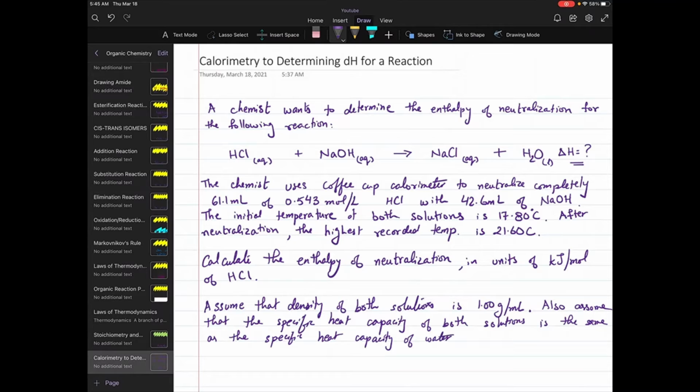That means we can use C for all substances as 4.18 or 4.184 joules per gram degrees Celsius. And the reason for that is because most of these reactions are taking place in water, and the concentration of HCl and NaOH is very, very small. Now, if they were highly concentrated solutions, then we could not assume the density of all solutions as 1.00 grams per milliliter.